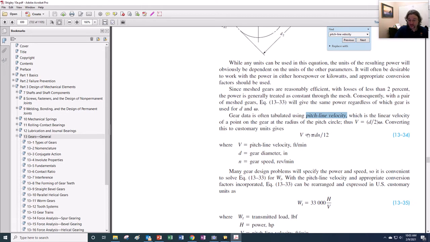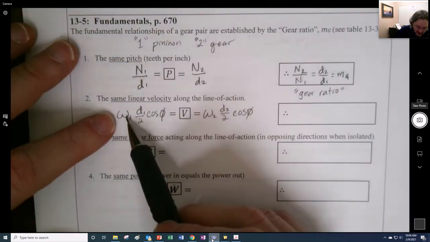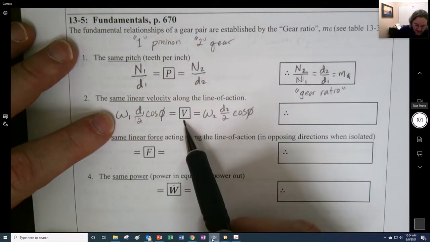So when we define pitch line velocity, I just want to be clear that the previous equation that I used, while it is true, that omega times the radius right there, we kind of define as a formal thing. So be aware that's equation 13-34, at least in the 10th edition. I have defined it right here, and this is just as valid.